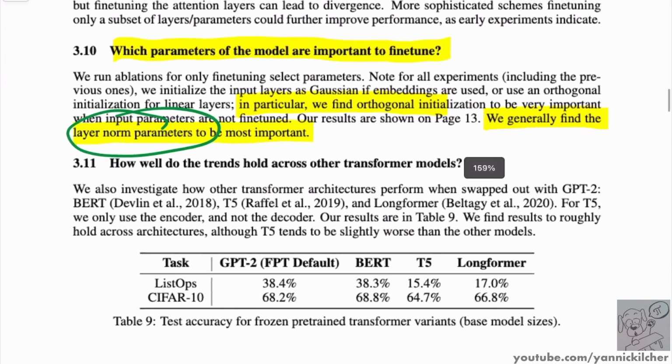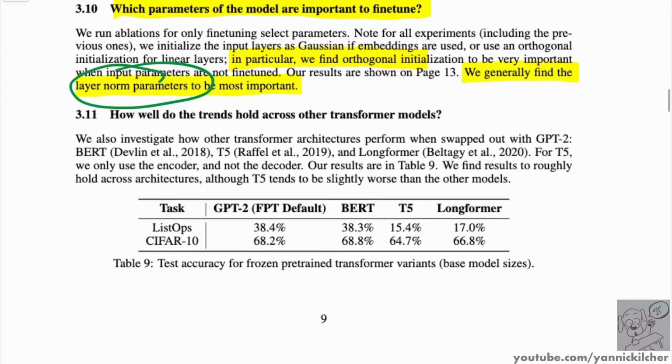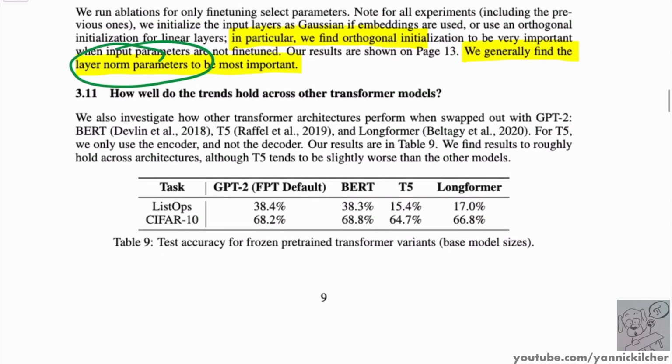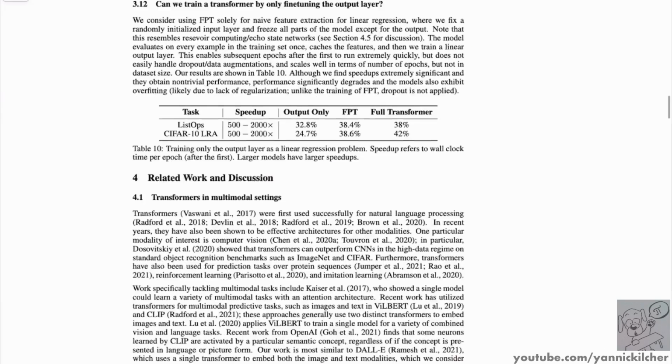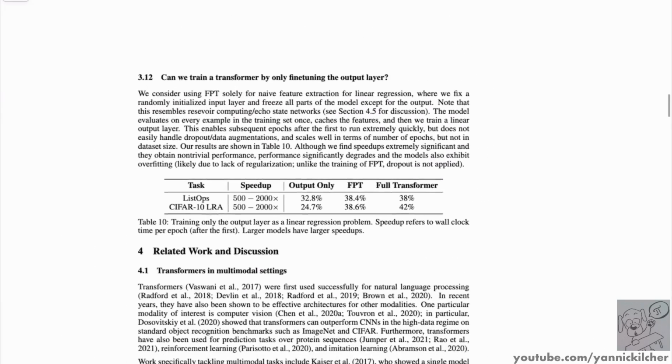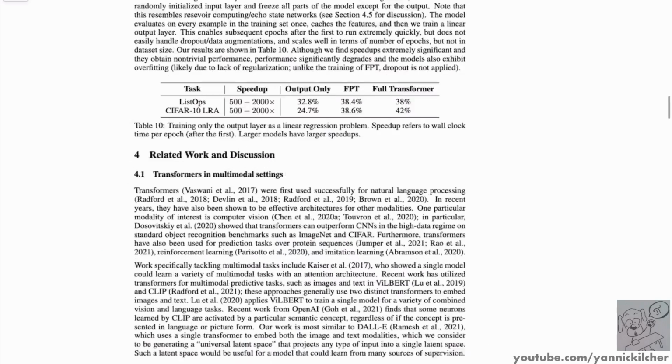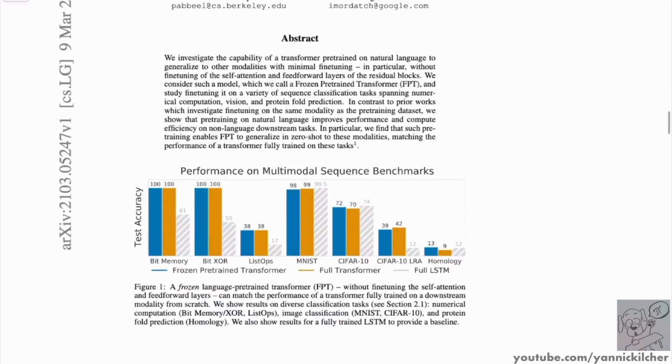And that sort of gives credence to the fact that these LayerNorms carry a lot of the weight of these things right here. It's still pretty cool because there are very few parameters that you need to fine-tune. And now they do a bunch more ablations, like only training the output layer, which gives non-trivial performance, but not a good enough performance.